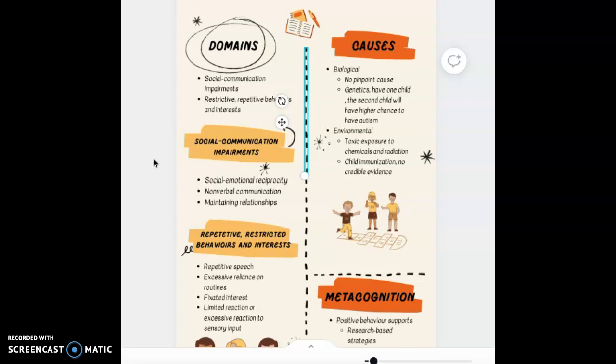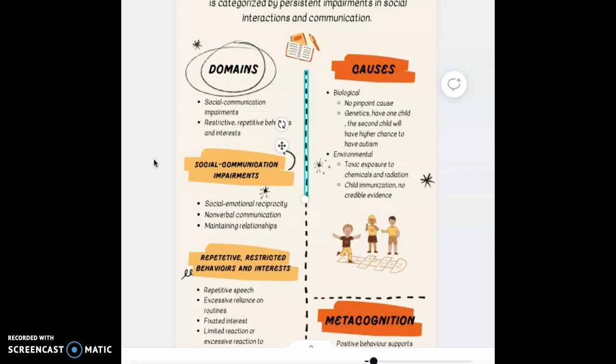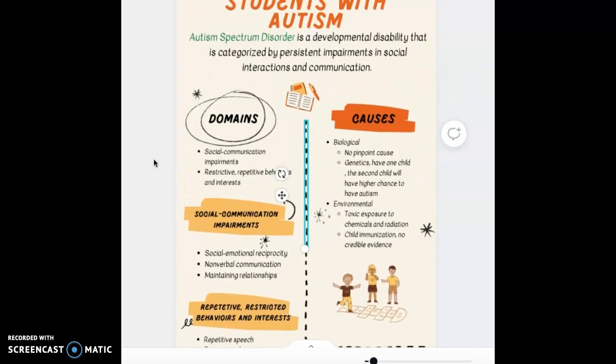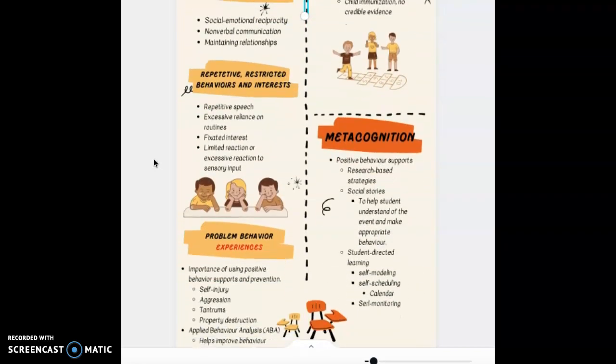Within environmental causes, maybe, because there's no pinpoint cause yet, toxic exposure to chemicals and radiation. And there also is a myth that child immunizations have been a cause, but there's no actual credible evidence. So the cause of autism is still very vague and not fully understood.